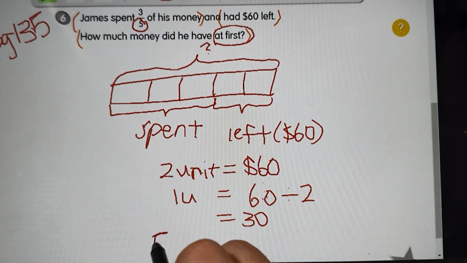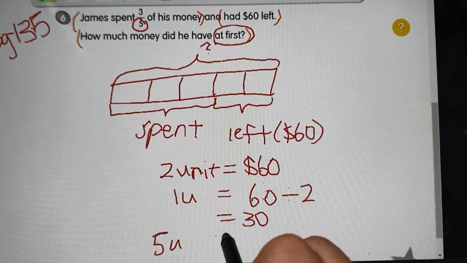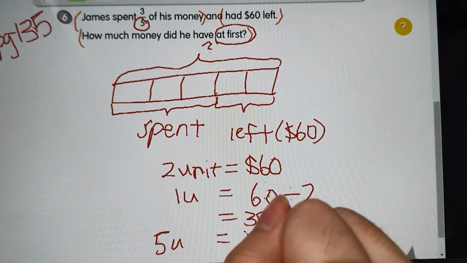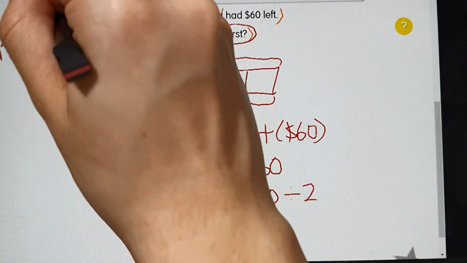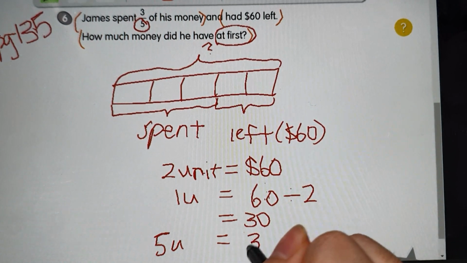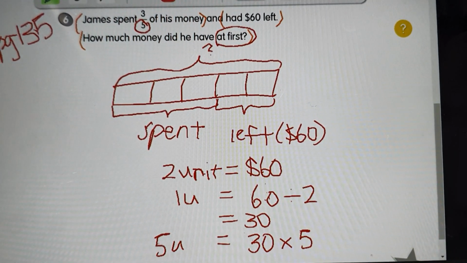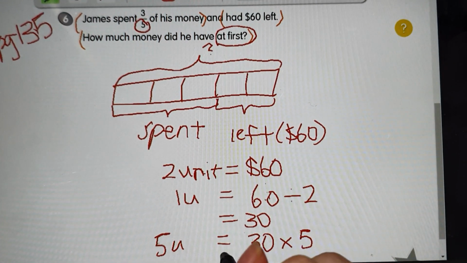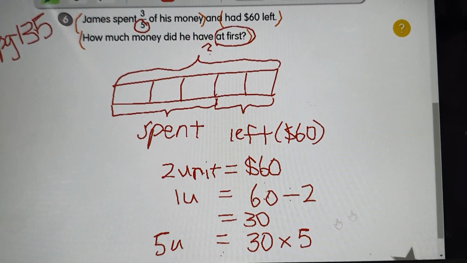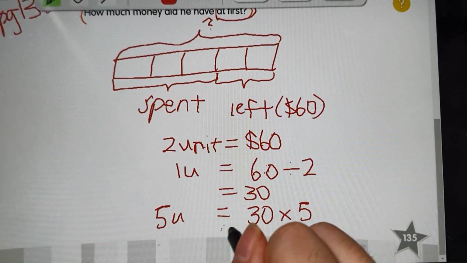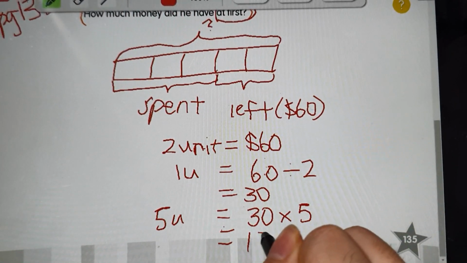I can move on to find what is 5 units, which is 30 times 5, which will give you $150.